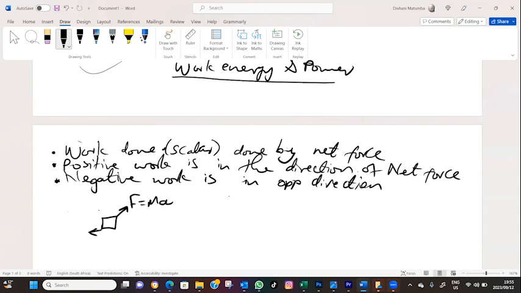As you can see, that applied force is at a tilted angle. So if it's a tilted angle theta, we have to find the X and the Y components. Now, how do we find the X and the Y components?